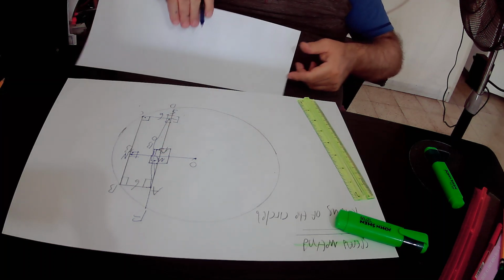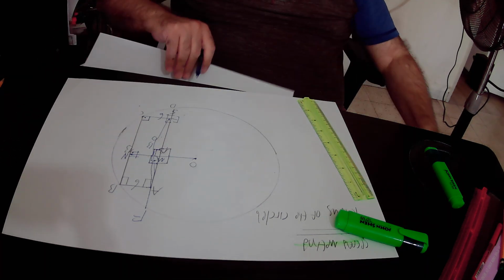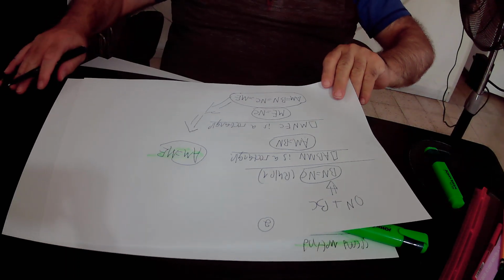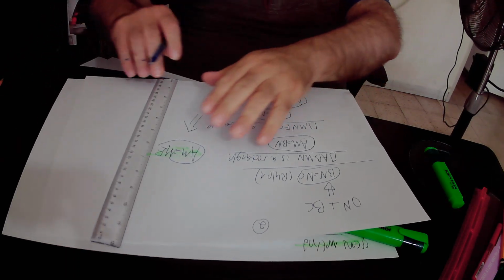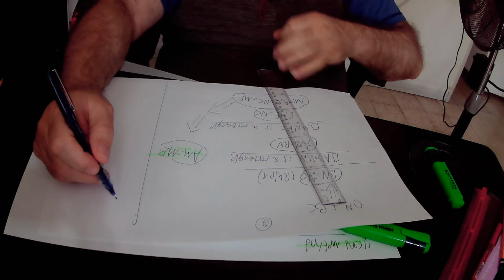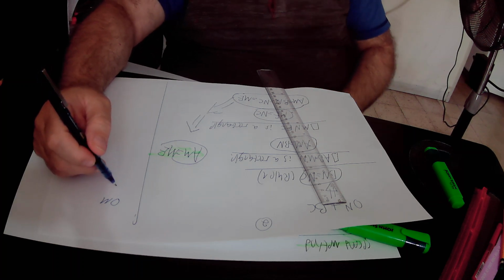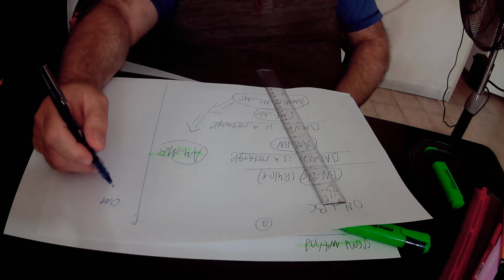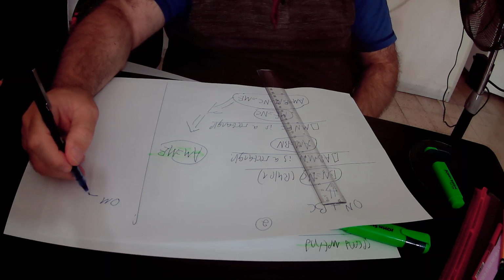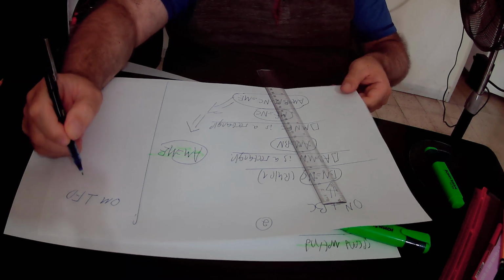So I write it down. We found out that OM, the line segment from the center of the circle, from point O, is perpendicular to chord FD.